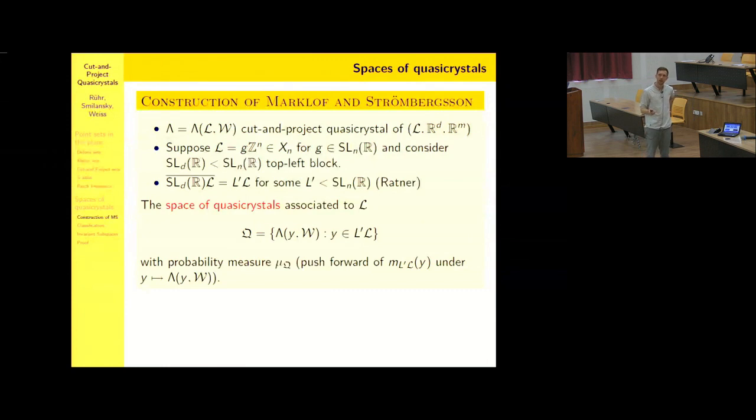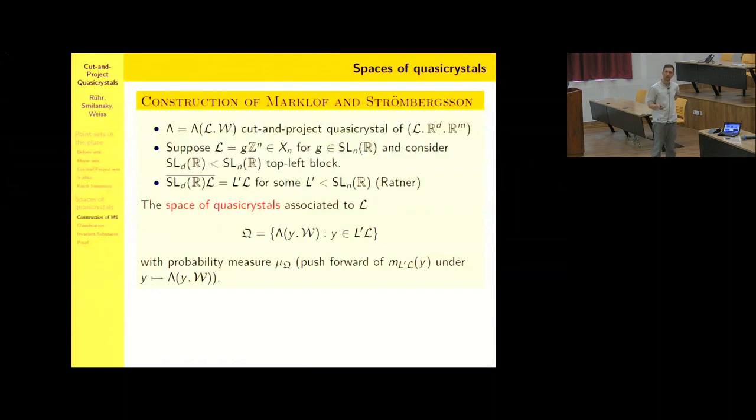And now Marklof and Strömbergsson introduce the space of quasicrystals by looking at all cut and project sets. So Y is a lattice in X_N, and we look at all cut and project sets which come from this orbit.